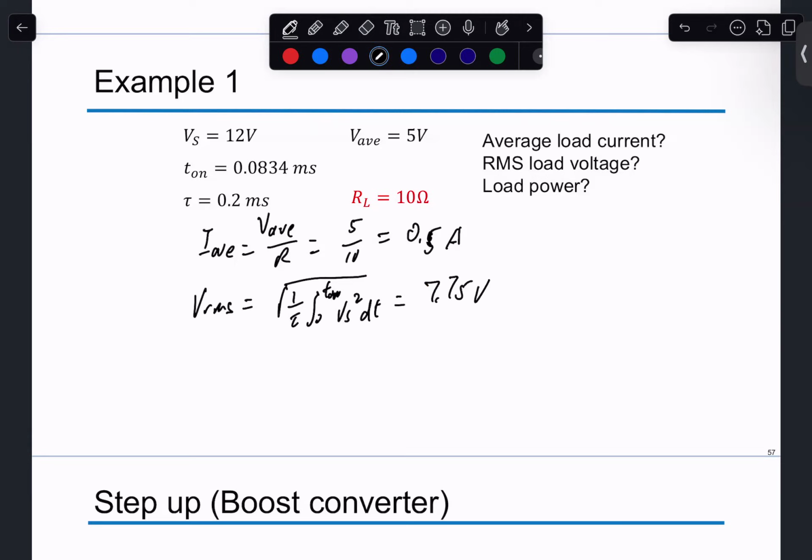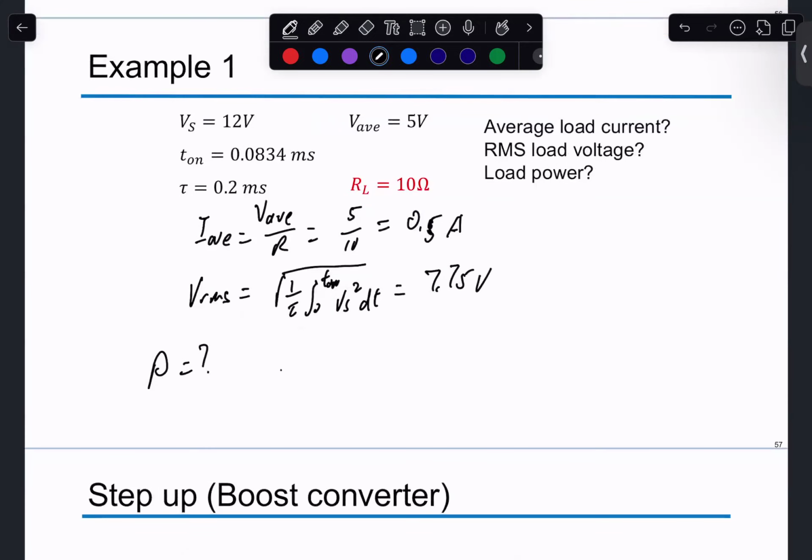And the interesting calculation now is, how do we compute the power coming out of this circuit? This is the interesting part: what is that power? Basically, should power be the average squared over R or the RMS squared over R?